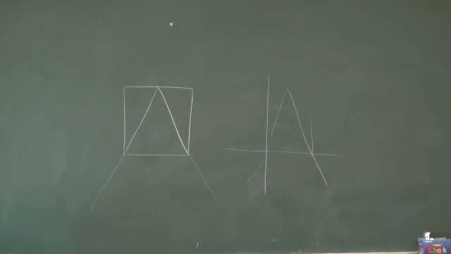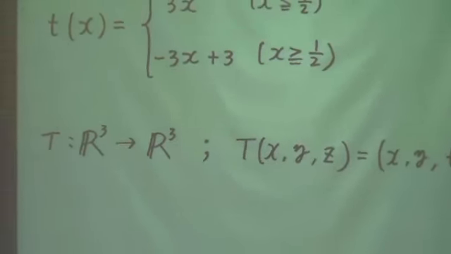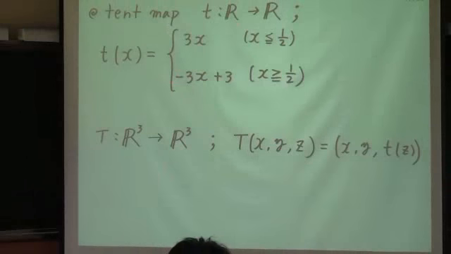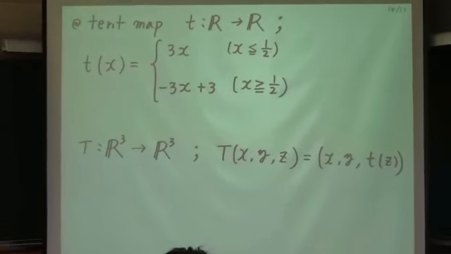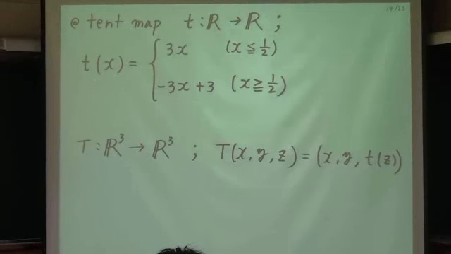Anyway, for simplicity today, by tent map we mean exactly this map T. That maps each real number x to 3x if x is less than or equal to 1/2, and maps to -3x plus 3 if x is greater than or equal to 1/2.